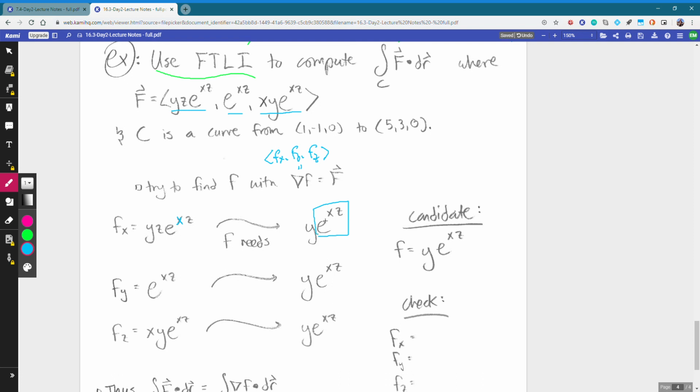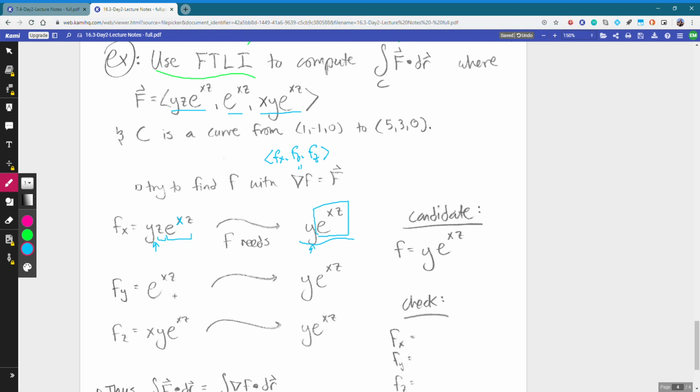But if it was just that, then taking the derivative with respect to x, we get e to the xz times z. And we like the e to the xz, and we like the z, but we also need that y. And so we'll scale that in. And so here's what our function f is going to need, looking at our fx information.